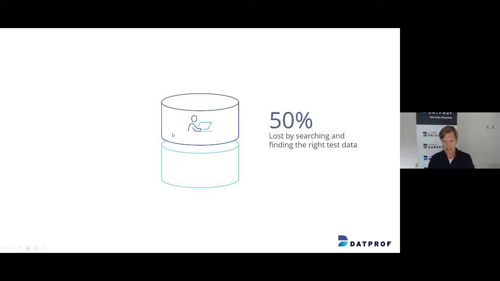Another bottleneck that we in most cases see at customers, and which is one of the subjects that we try to discuss, is that research tells us that a lot of software testing and software quality time is lost. 50%, but sometimes even 75%, is lost by searching and finding the right test data.